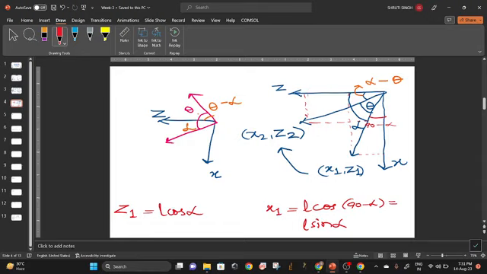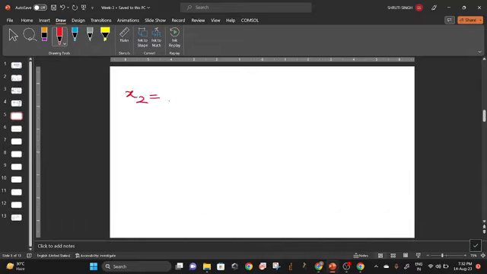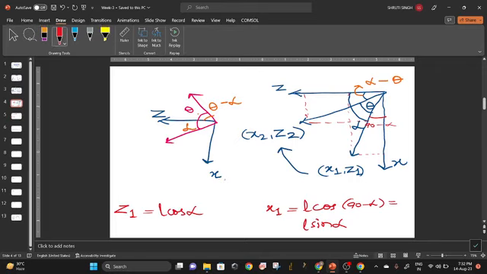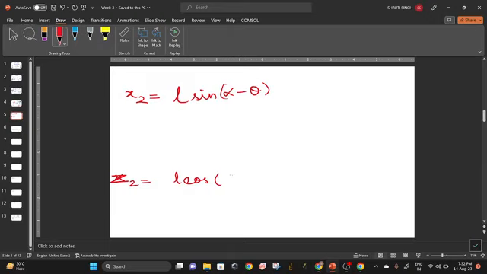The angle is alpha minus theta. So x2 will be L sin of alpha minus theta, and z2 will be L cos of alpha minus theta.